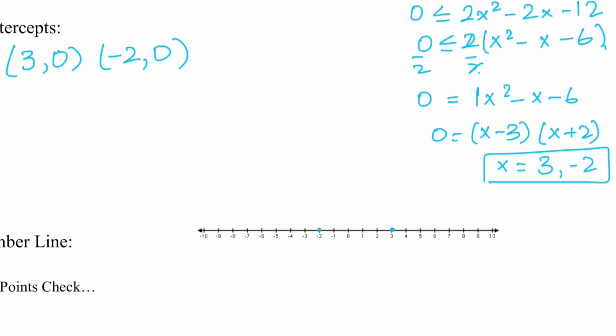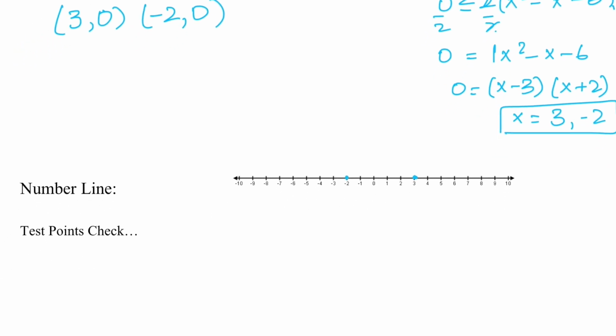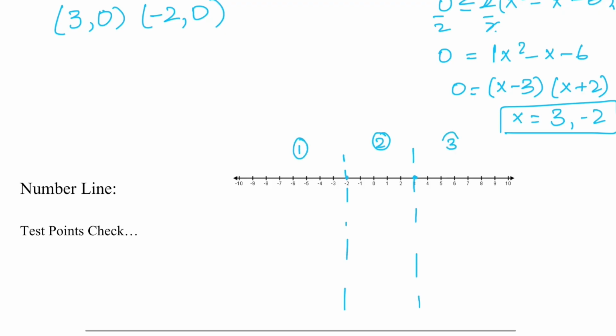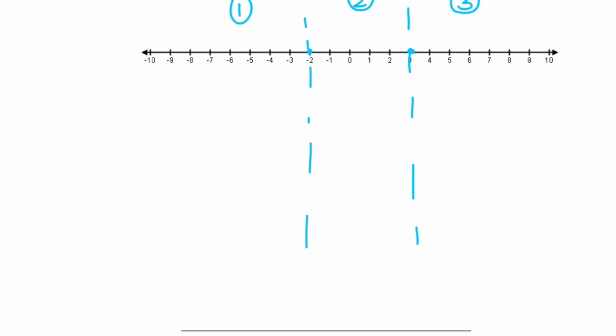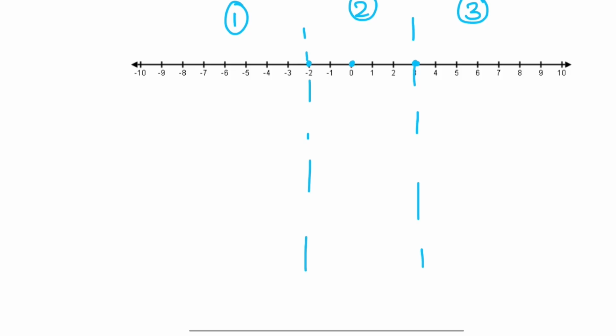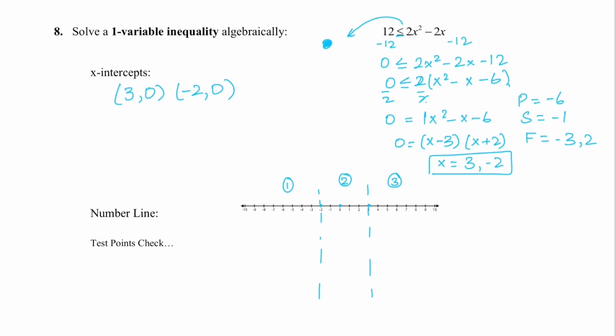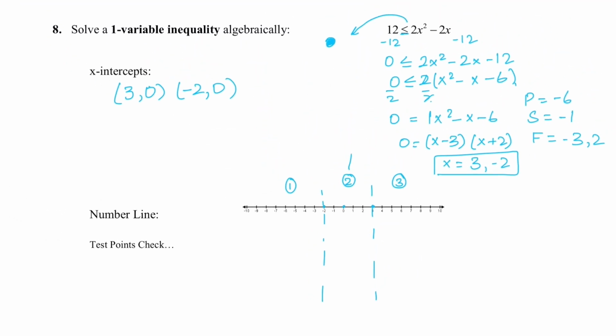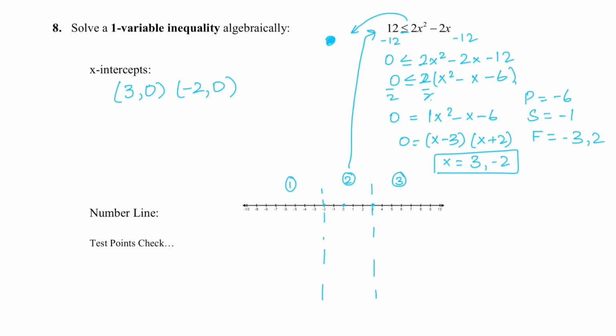Now I need to figure out what values will be acceptable. So you draw these lines and you have 1, 2, 3 regions to figure out which ones will be part of the solution. So let's take 0, because it's the easiest, and always put it in the original equation. So 12 is less than equal to 2x squared minus 2x.